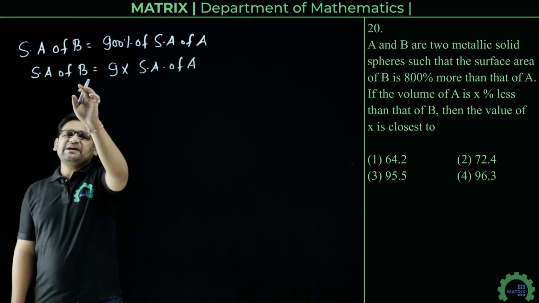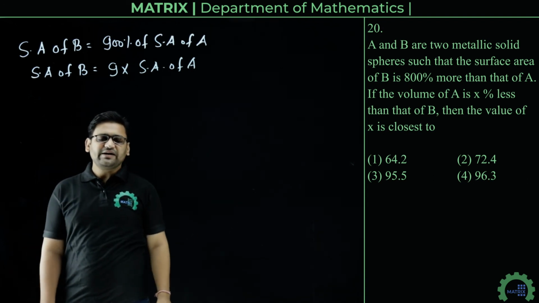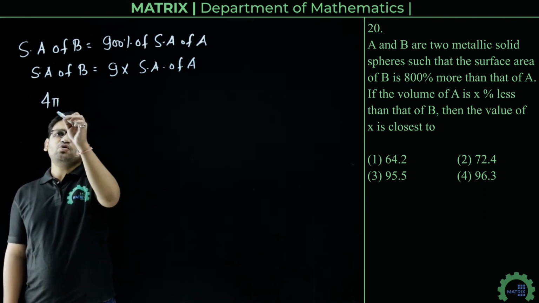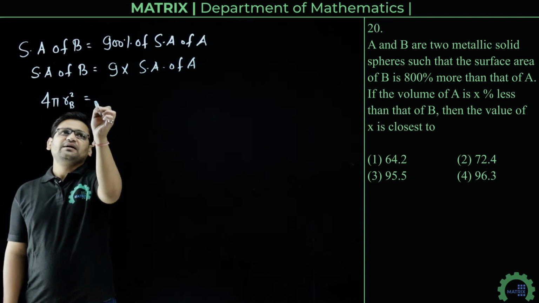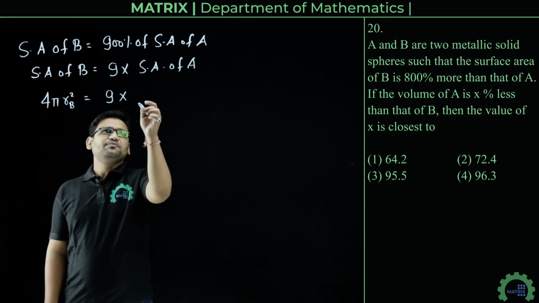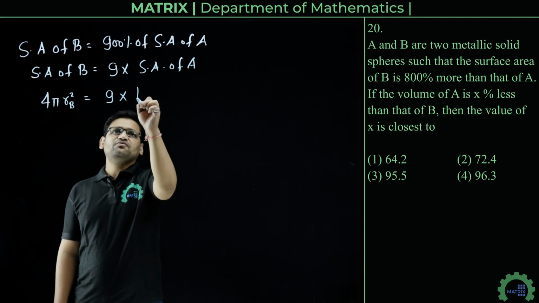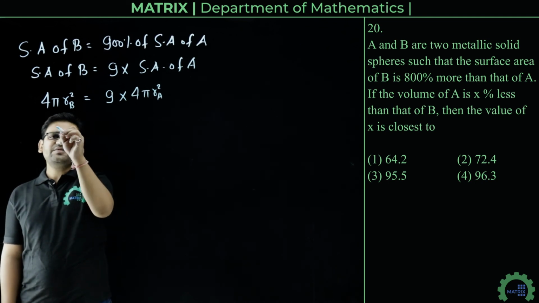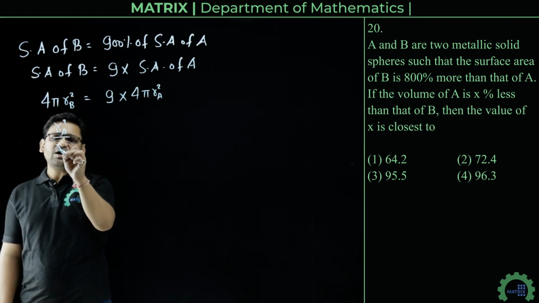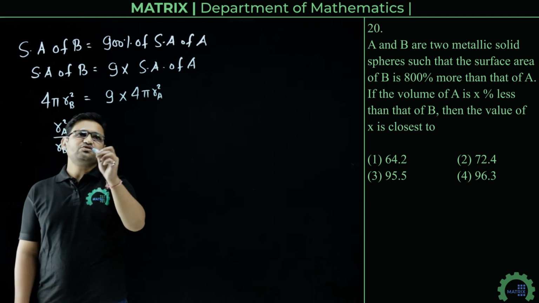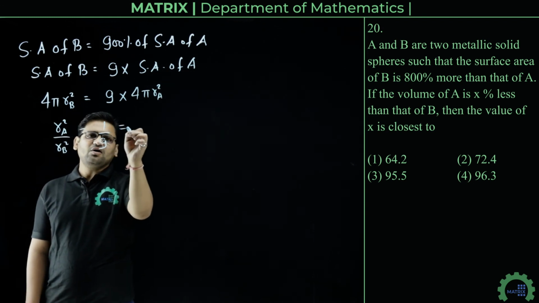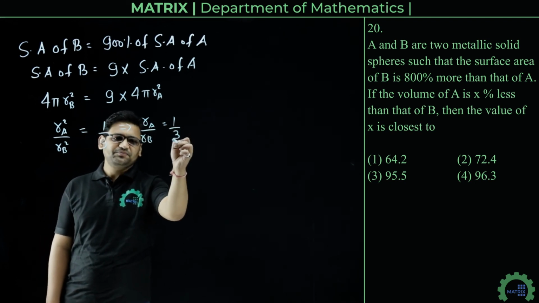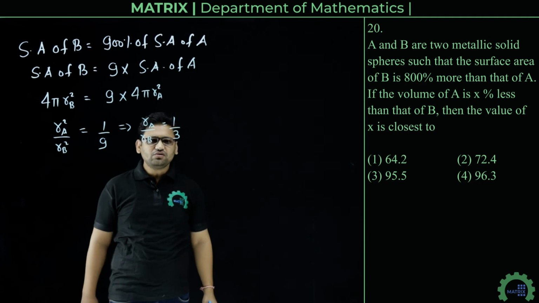Let's say RB is the radius of sphere B and RA is the radius of sphere A. So we can write the surface area of B will be 4 pi RB squared, equal to 9 multiplied by the surface area of A, that is 4 pi RA squared. On simplifying this, we get RA squared upon RB squared is equal to 1 by 9, or RA divided by RB is 1 by 3. So the ratio of their radius is 1:3.